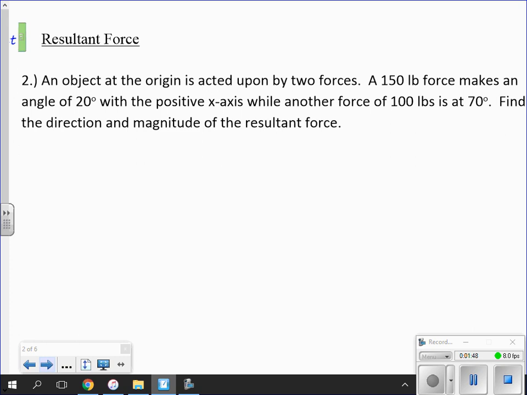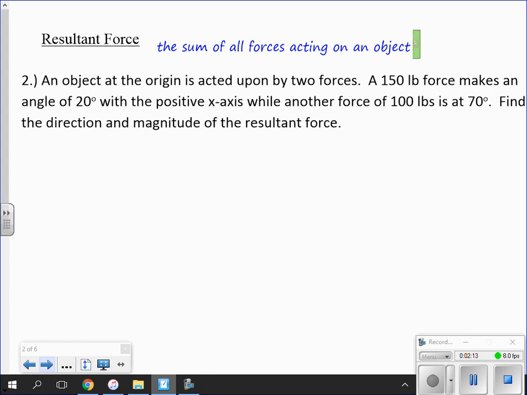Okay, resultant force. A resultant force is the sum of all the forces acting on an object. So basically, you take all the forces, convert them to vectors, so you have magnitude and direction of the force, and you add all of those vector forces together, and the sum gives you what is actually happening to the object.